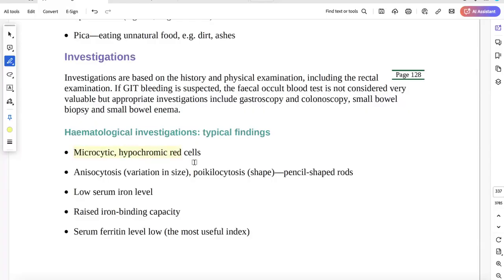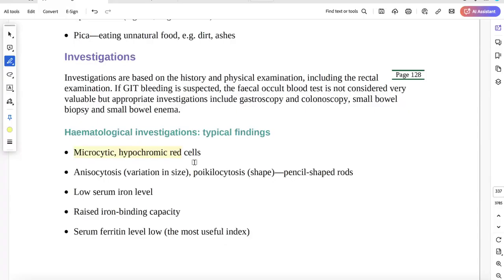Your next step is doing the iron studies. If iron studies show the patient having low ferritin, that will confirm your diagnosis of iron deficiency anemia. But let's say the iron study came as normal. Then the next step would be to check the hemoglobin electrophoresis to rule out thalassemia or hemoglobinopathies. All right, so that is your step-by-step investigation.